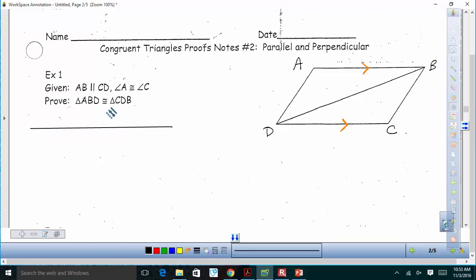So swap your B and D and then draw your chart, because we don't have the charts drawn today for us like we did yesterday. So remember, it is labeled statement and reason.